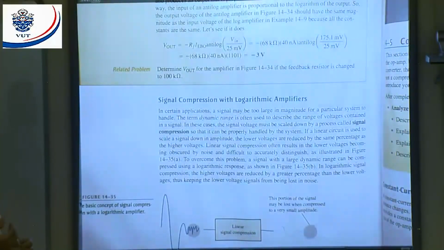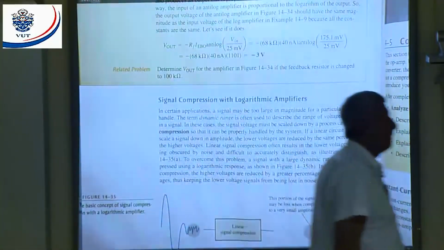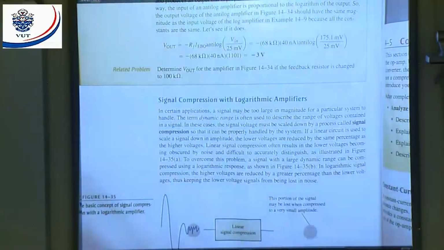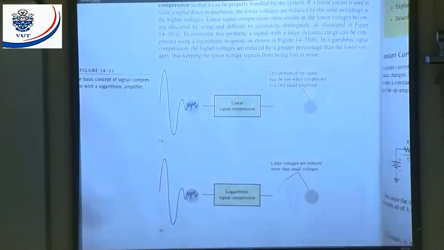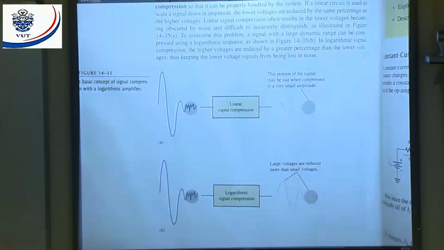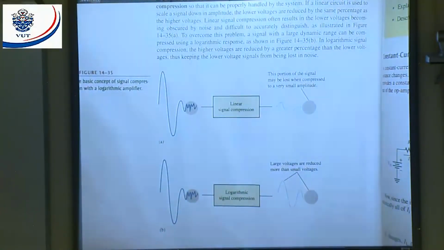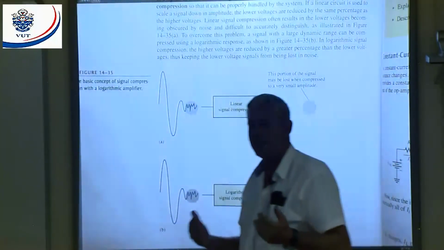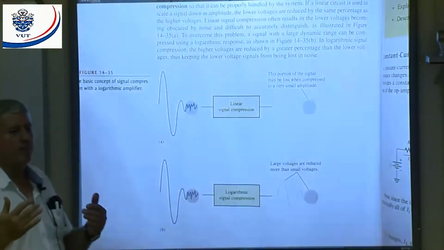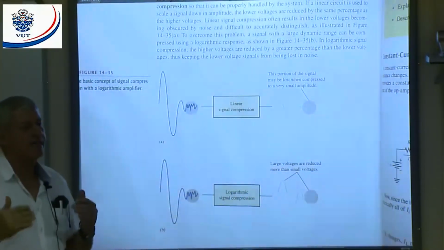Now this is one of the main applications of log amplifiers, signal compression. Let's quickly look at this signal compression. If we look at a linear signal compression, that means I'm going to compress everything of that signal exactly the same, all right?